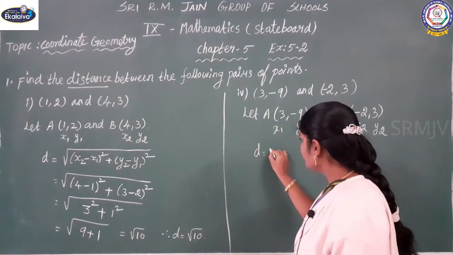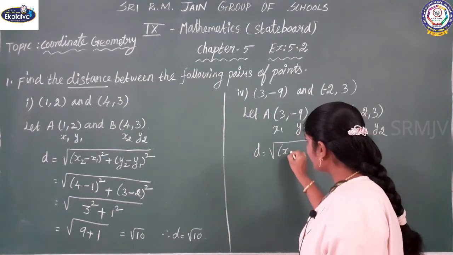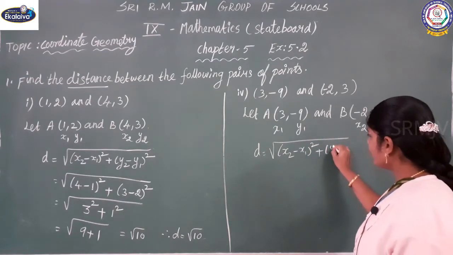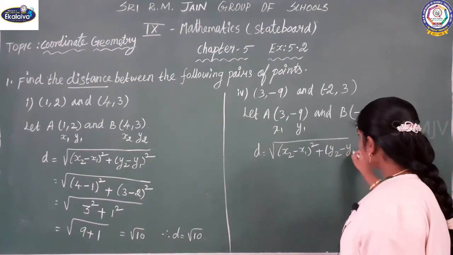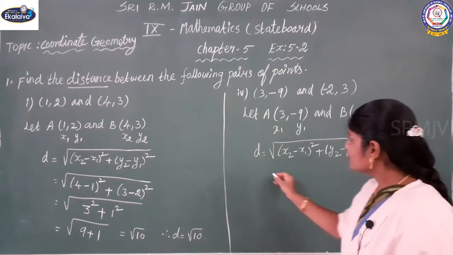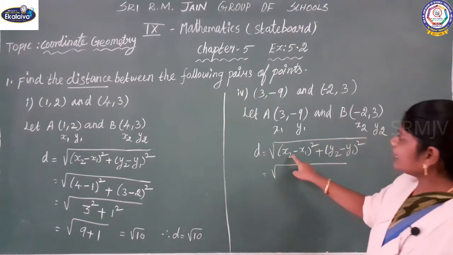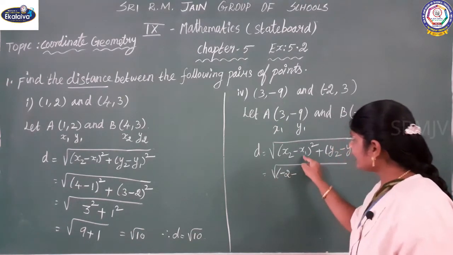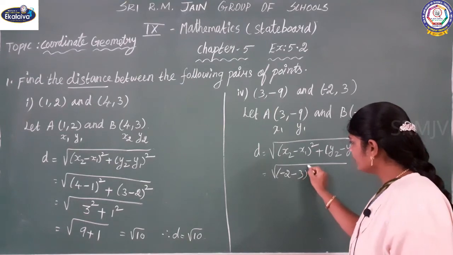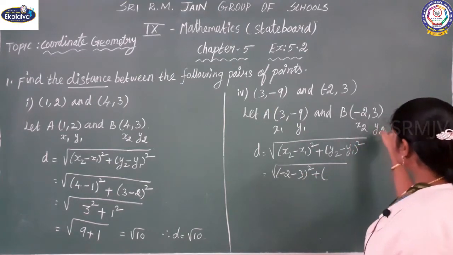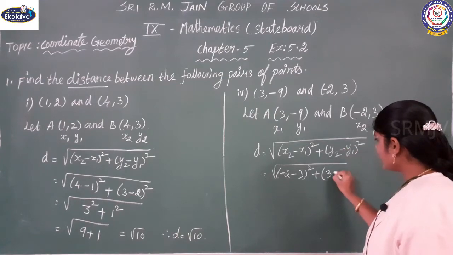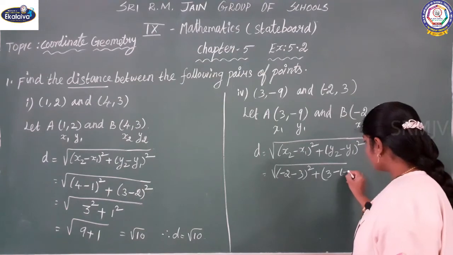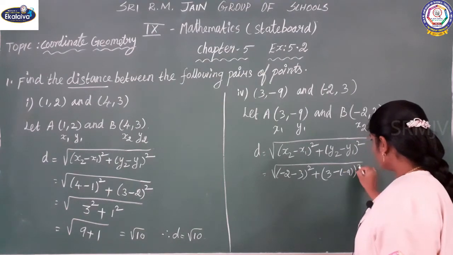Distance equal to root of x2 minus x1 the whole square plus y2 minus y1 the whole square. Substitute the values here. Here x2 minus 2 minus x1 3 the whole square plus y2 3 minus here y1 value minus 9. So minus of minus 9 the whole square.